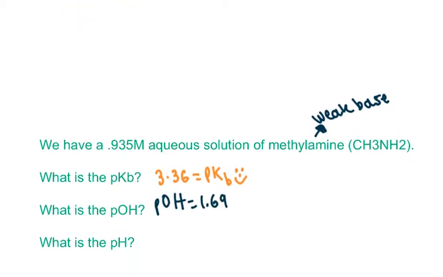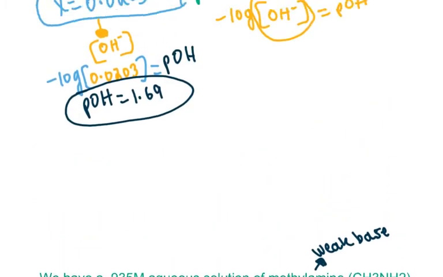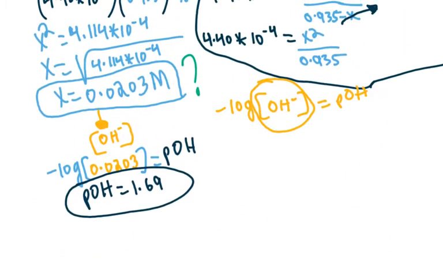Well, then how do we find the pH, right? That's part C. Well, from our pH scale video, we know that the pH scale is about from 0 to 14. So that means that the pH plus the pOH equals 14.